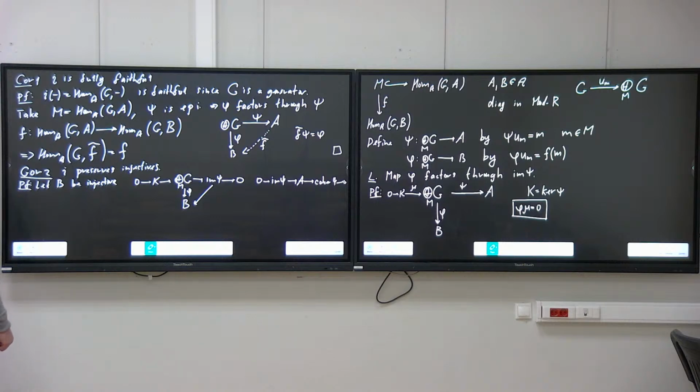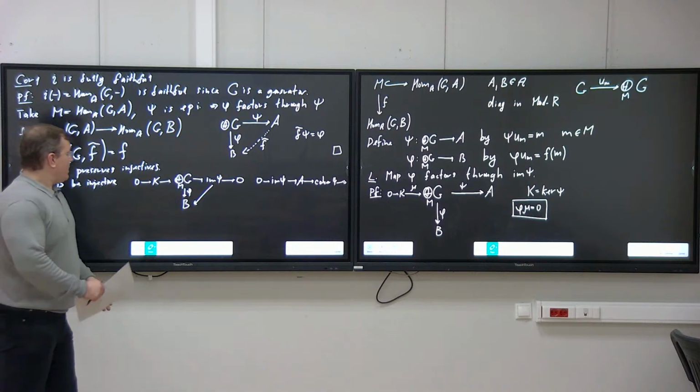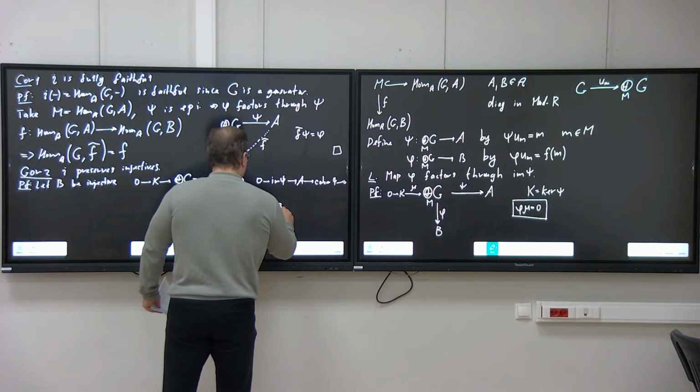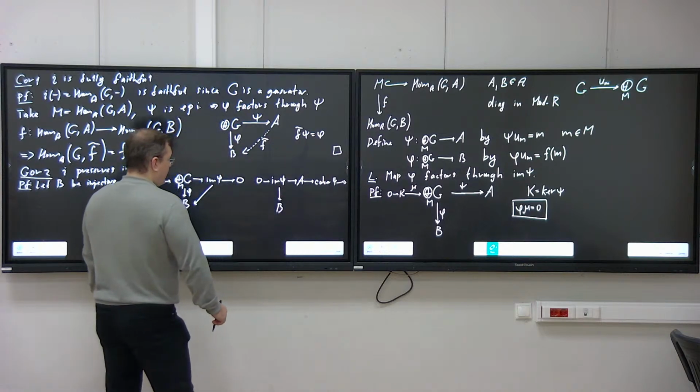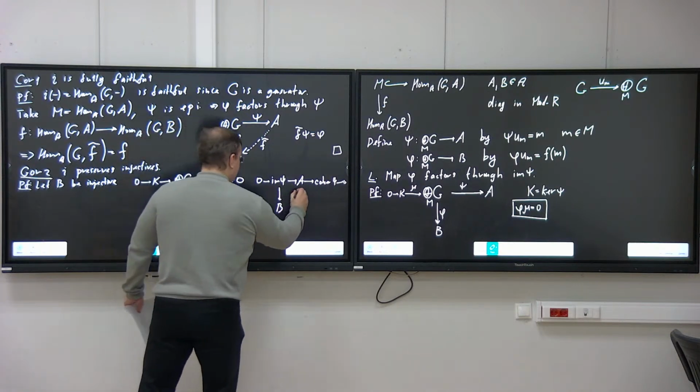So I'm just trying to understand what it means that I have an object B which is injective. I have some additional properties in this case. So this exists in general by the lemma. Now I take this B, there is a map here, and then since B is injective, there is an extension.